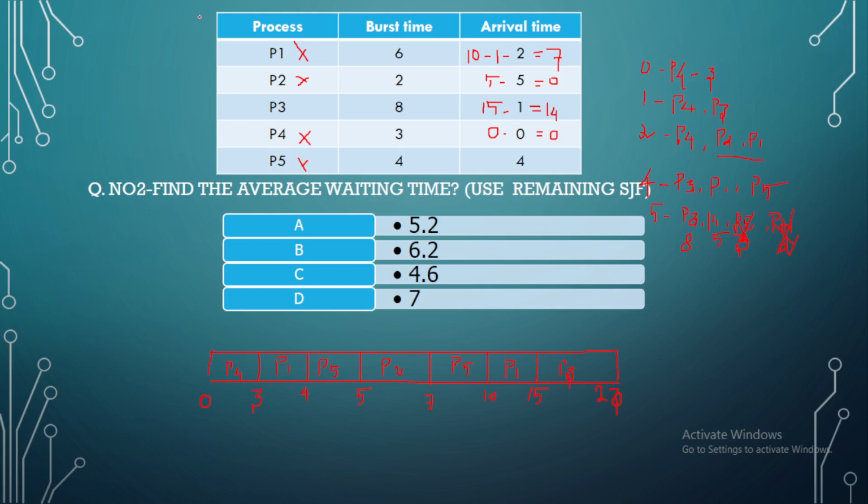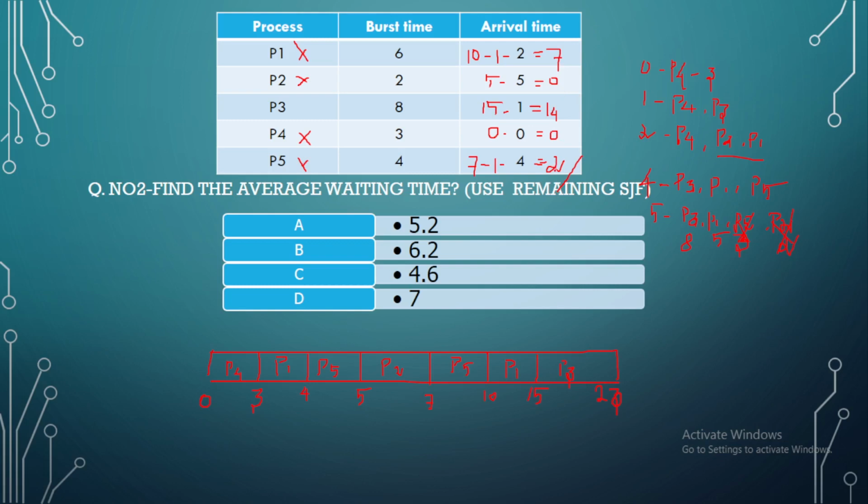Now P5's final execution start time is 7, and within that P5 already ran 1 nanosecond, so 7 minus 1 minus 4 gives you 2. So we have to find the sum here.